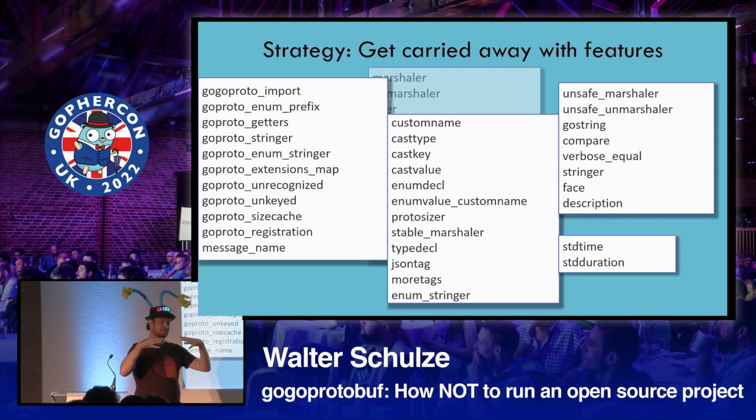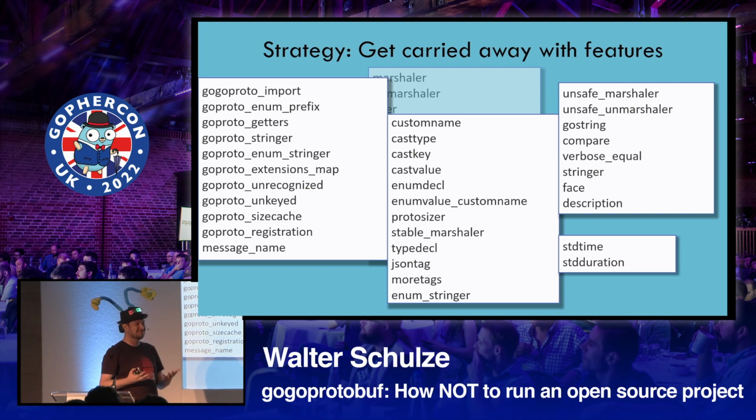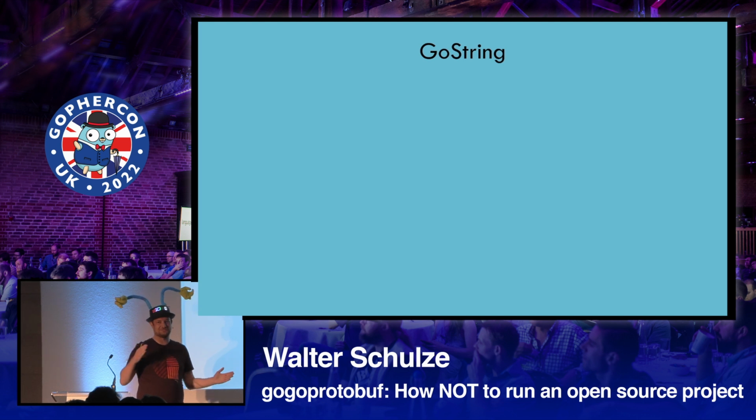The problem is you have to maintain these in all the combinations, right? So every feature is exponential. So you need to say no to people adding features, which is kind of hard. But even harder is you need to say no to yourself when you want to add features, because it doesn't scale. Okay, now, let's take a technical digression into one of these features I got carried away with.